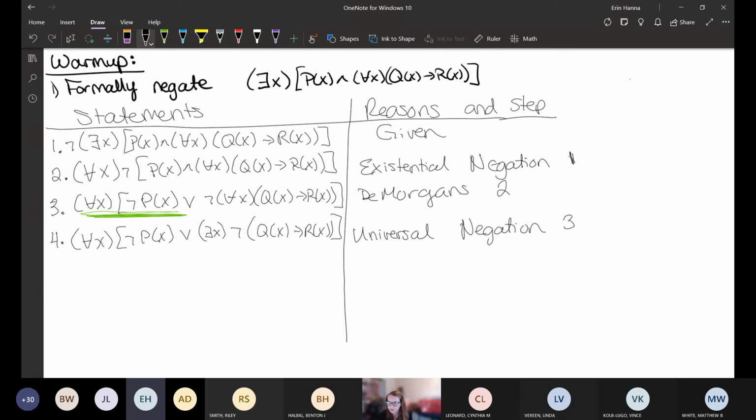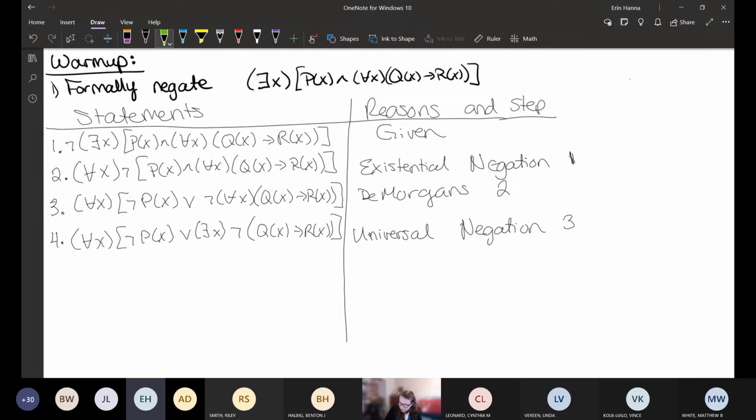From the first step to the second, the first symbol changed because of the existential negation. So existential negation and universal negation follow a very similar pattern: you bring the negation inside and you switch the quantifier. That's why the quantifier switched. It's just what our negation rule tells us, and I can't make that look good. There we go.